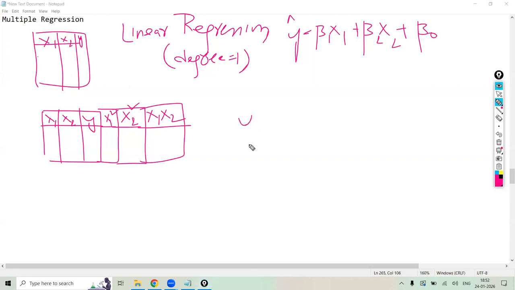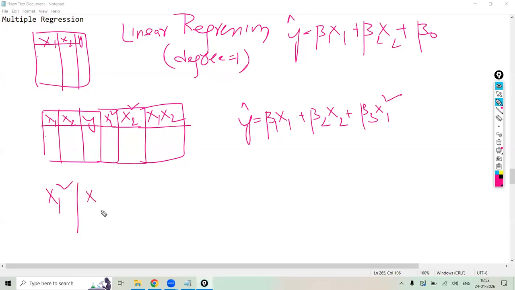Now what is the equation in this case? Beta 1 x1 plus beta 2 x2 plus beta 3 x1 square. Sir, now tell me, for example if x1 square is first, followed by x1, followed by x2, followed by x2 square, followed by x1 x2.